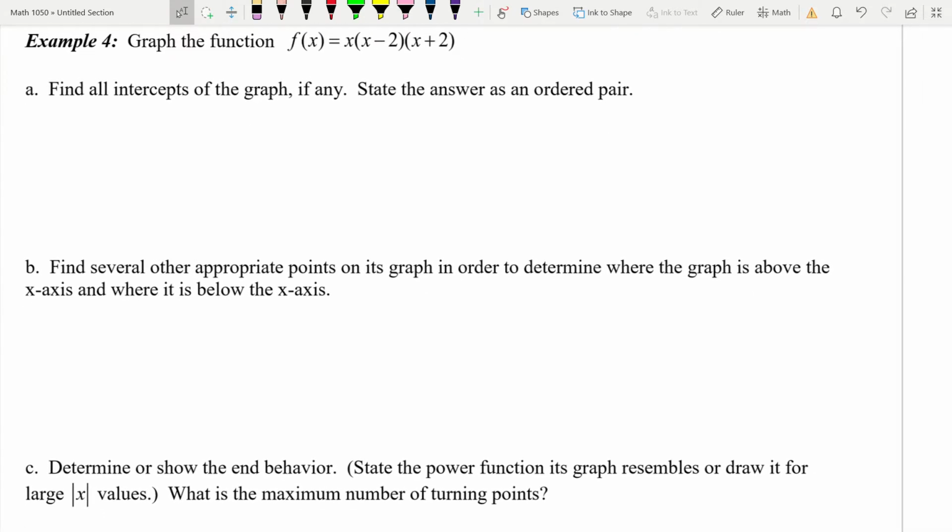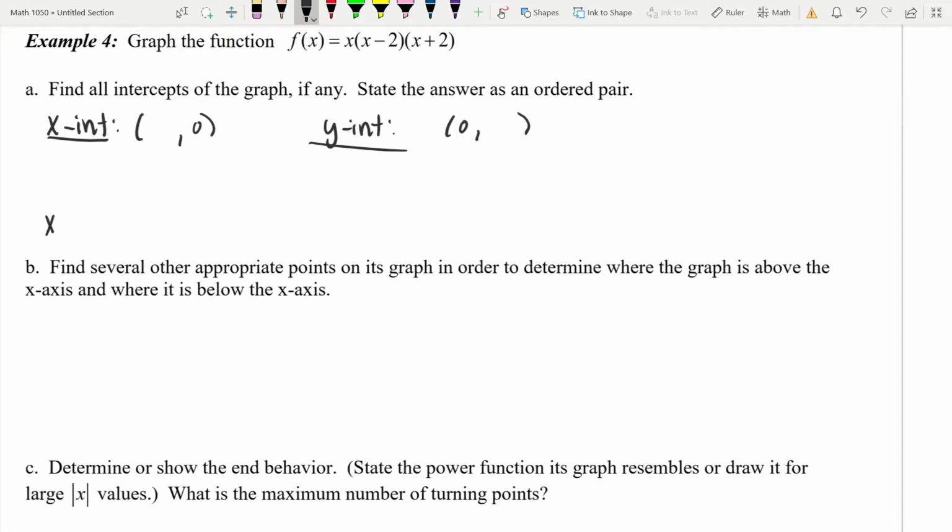You're going to graph that function. Nice and slowly. Find all the intercepts. So everybody say x-intercept, y-intercept. To find the x-intercept, let y be 0. To find the y-intercept, let x be a 0. So let's let y be a 0.